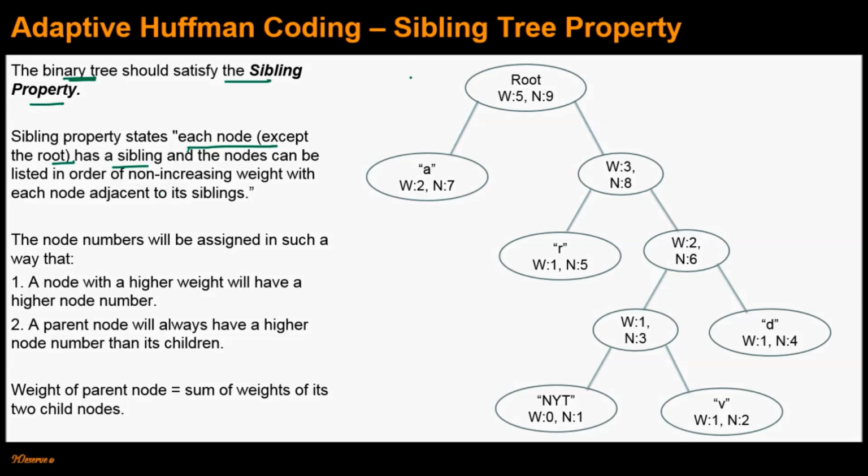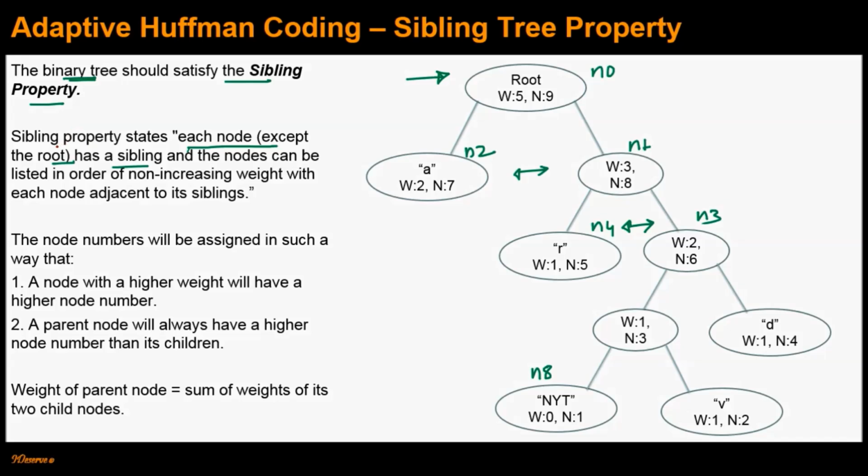If you observe this particular tree which satisfies the sibling property, and if I call this node n0, this node n1, then n2, n3, n4 and so on until this node as node n8, then you can observe that each node except the root node has a sibling. N1 and N2 are siblings of each other, then N3 and N4 are siblings of each other, and so on.